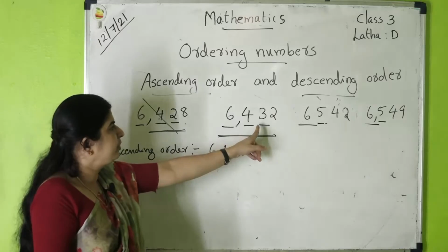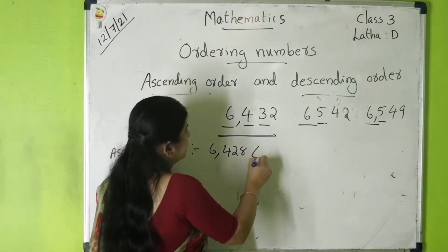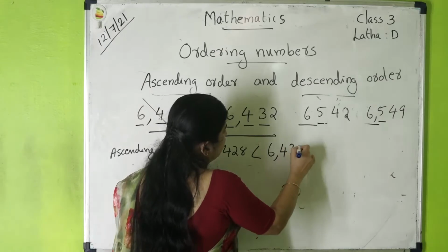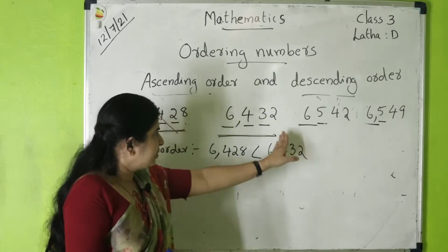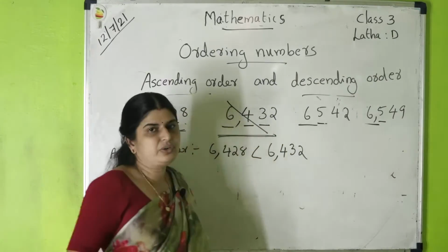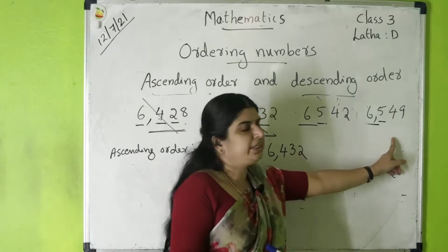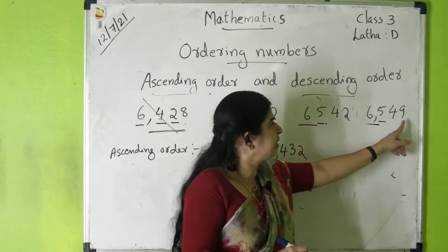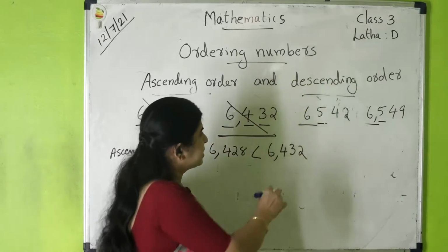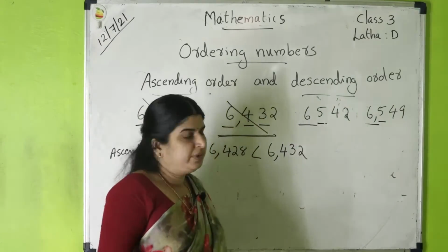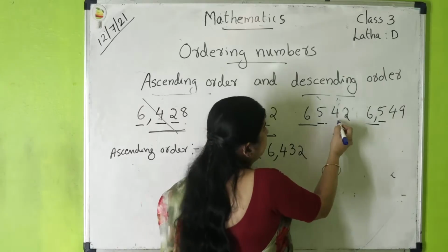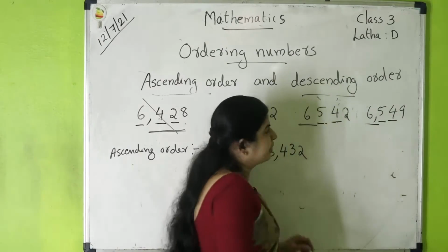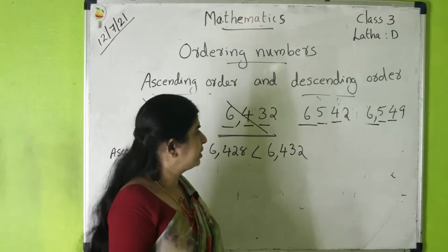Next number, this number is less than 6,432. Next we compare this, also cross out. Next we compare this number and this number, 6,542 and 6,549. Here the first and second digits are the same.